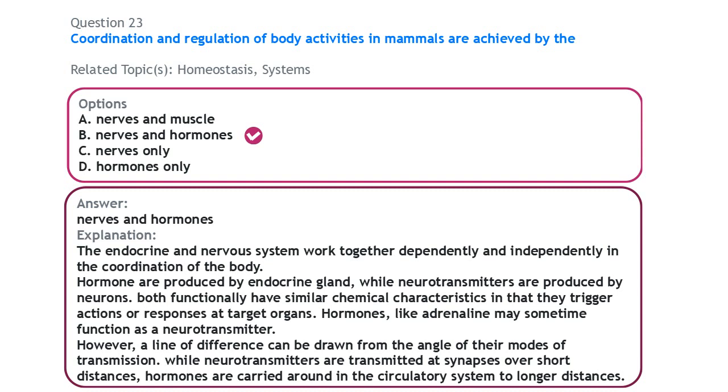The endocrine system consists of the endocrine glands which secrete hormones, while the nervous system consists of the nerve cells and the connection of the nerve cells, or the nerves, to the brain and some other central part of the body. Both systems, the endocrine and the nervous system, function in the coordination of the body.